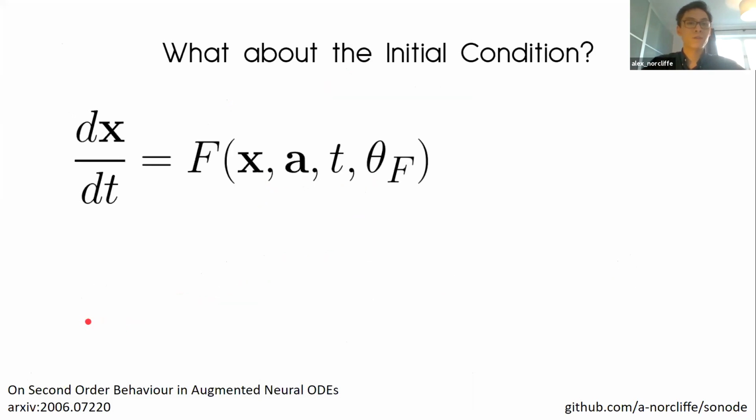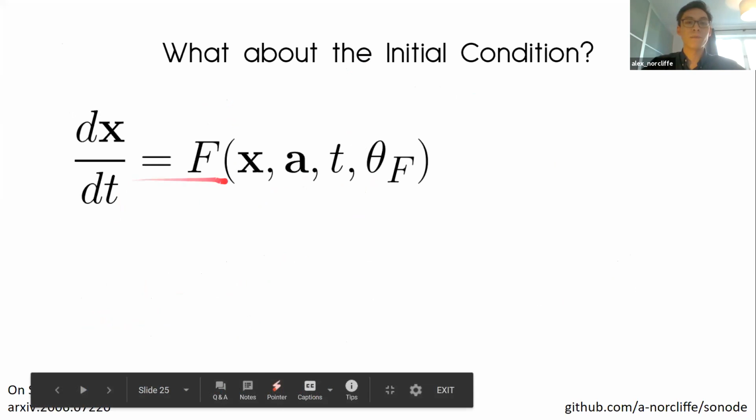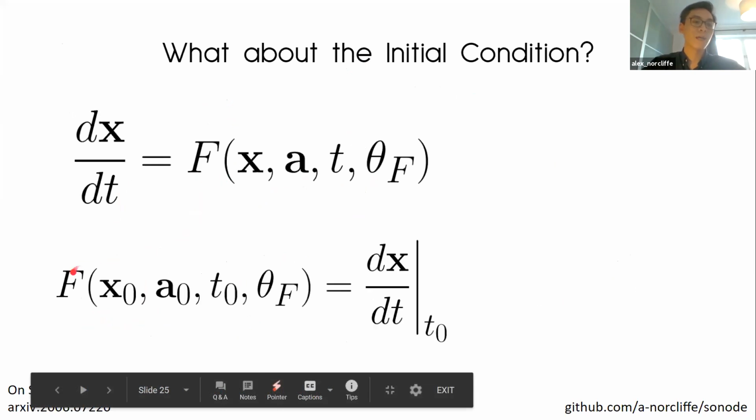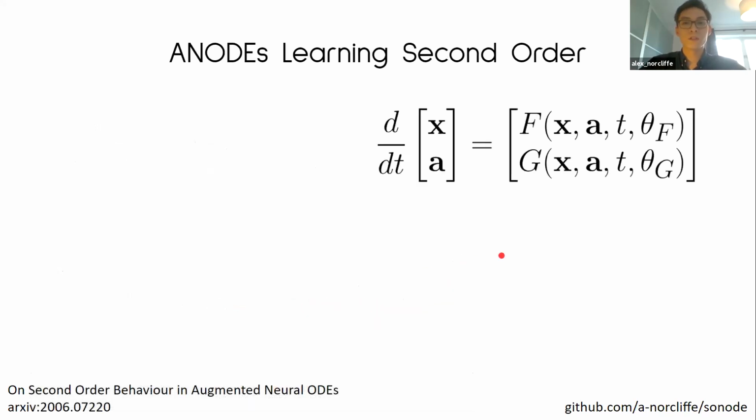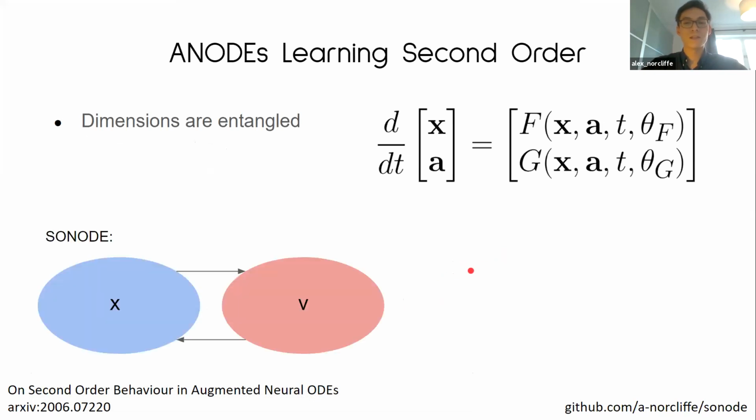So what about the initial condition? Well, dx/dt is given by F, and so capital F, subbing in those initial positions, can learn the initial velocity. Just to summarize that, the dimensions are entangled. So what does that actually mean? And don't take this illustration too literally.